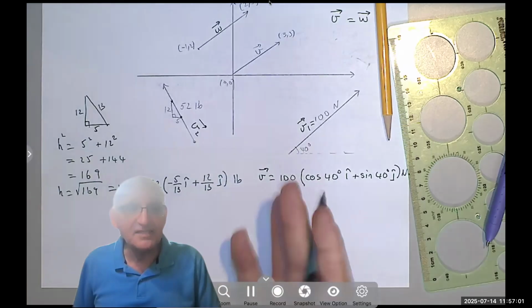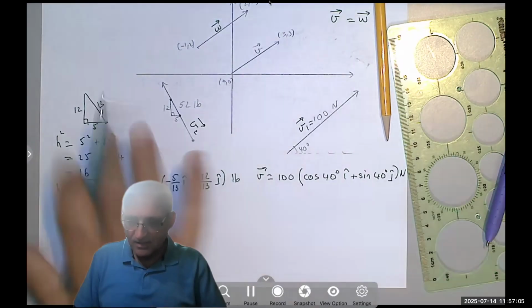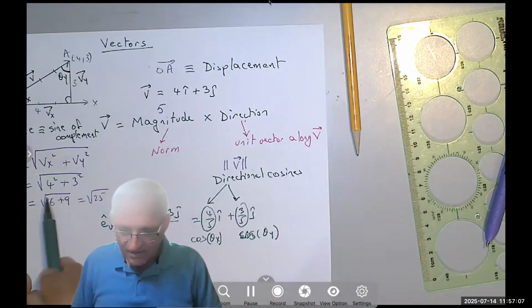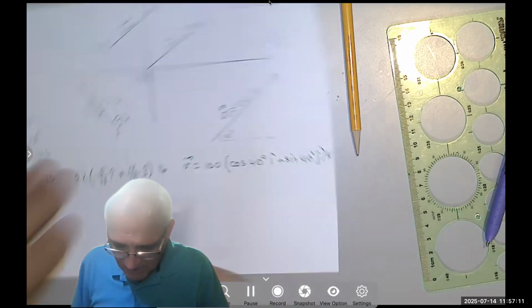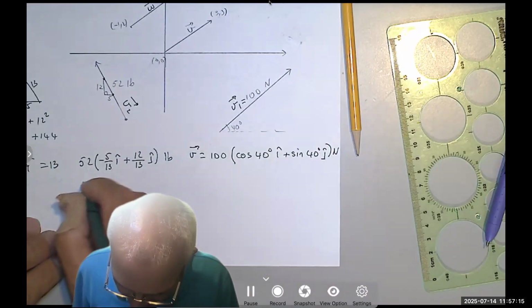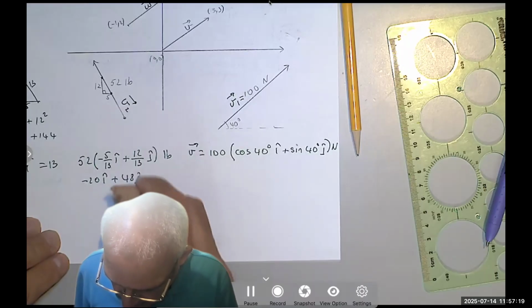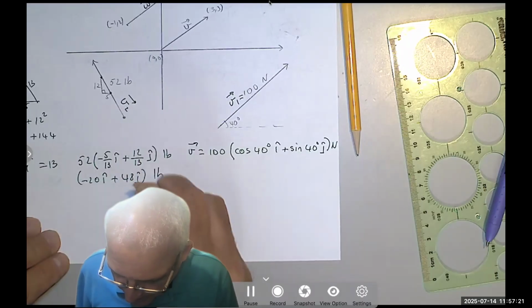If you want to write it not as a magnitude times direction, but as a vector, like we wrote 3i plus 3j, it's just multiply. 52 over 13 is 4. So it's negative 20i plus 48j pound.